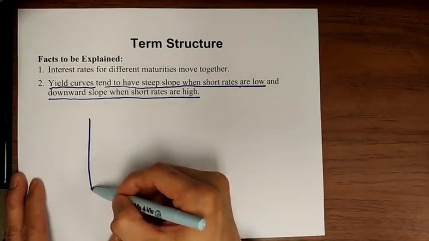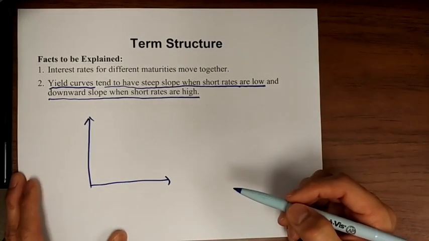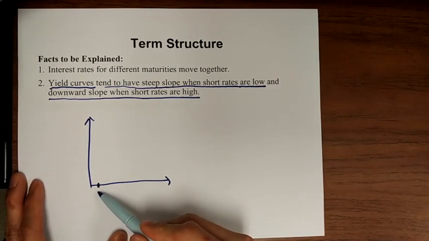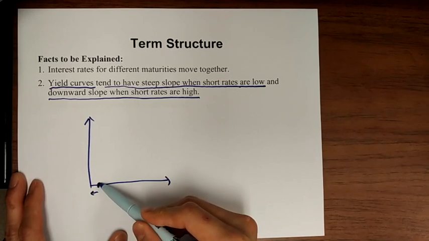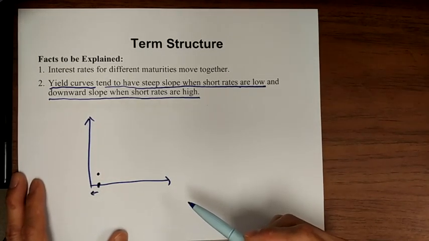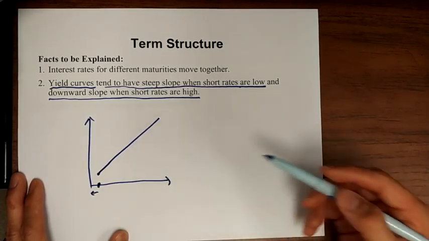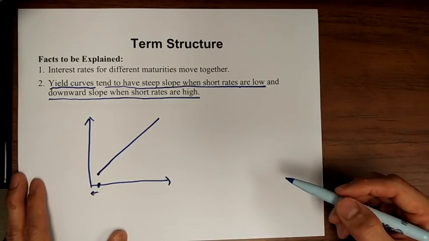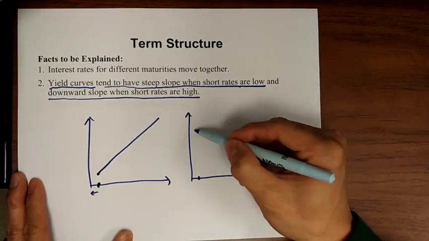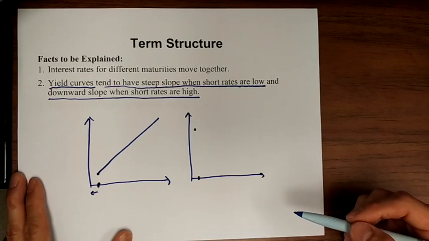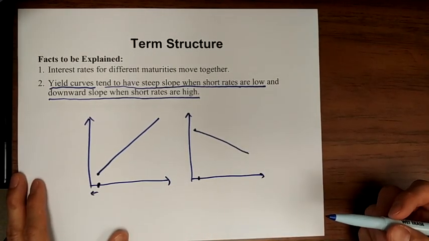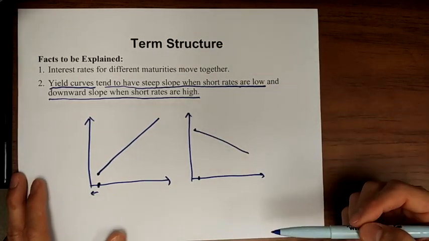When the short-term interest rate, the one very close to zero, is very, very low, in general, the yield curve is upward sloping. If the short-term interest rate is very, very high, in general, the yield curve is downward sloping. That's what the second fact is saying.